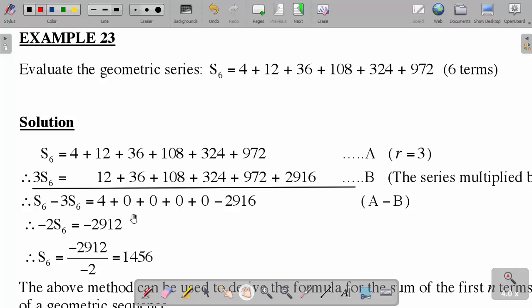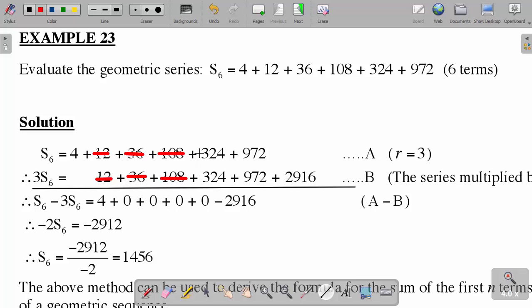And as I do so, because these numbers are the same in here, as you can see, it's going to be S6 minus 3S6. That's what you see here. And then 12 minus 12, I get 0. 36 minus 36, I get 0. And then 108 minus 108, I also get 0.